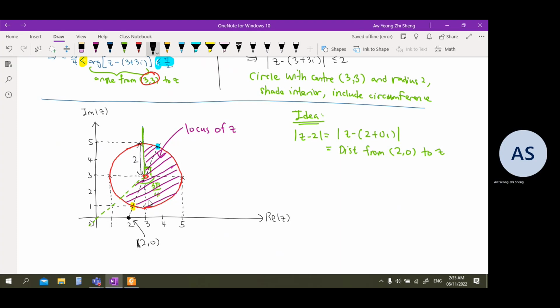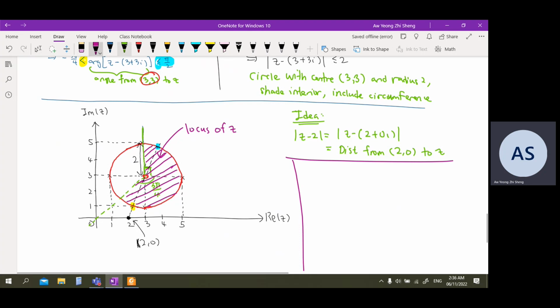Right. So it's time to do the proper working. The idea part, you don't have to write out actually. This one no need to write out. Now here comes the proper working.